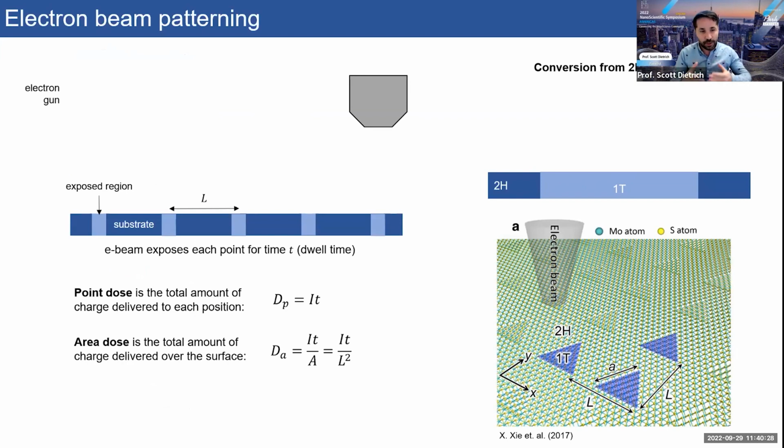So we're really drawing patterns that are smaller than the diameter of our electron beam. And that electron beam is usually around a few nanometers, 1 to 3 nanometers. So we can grow these islands up to about 2.5 nanometers in side length.